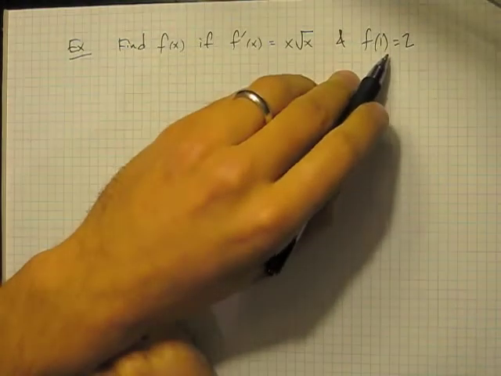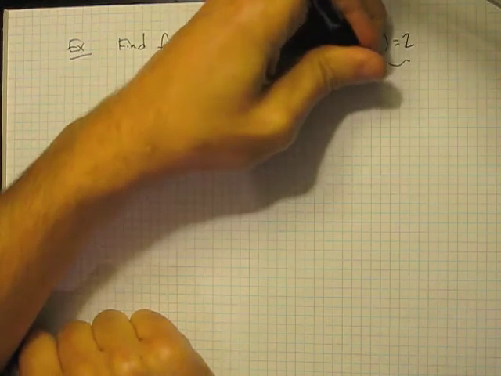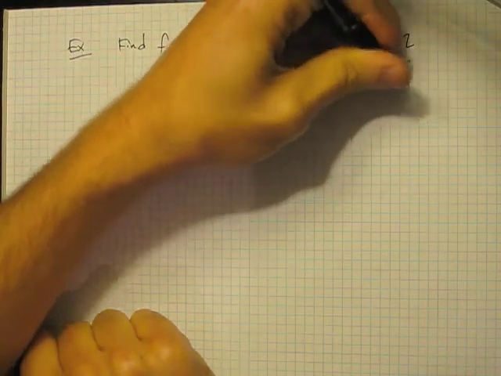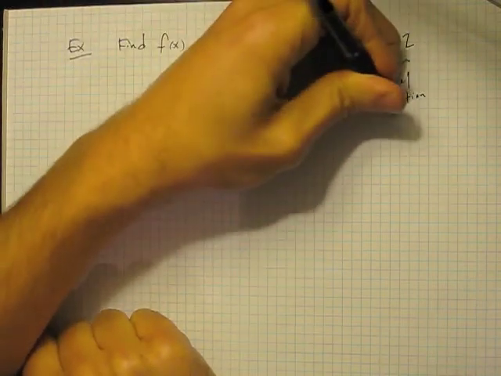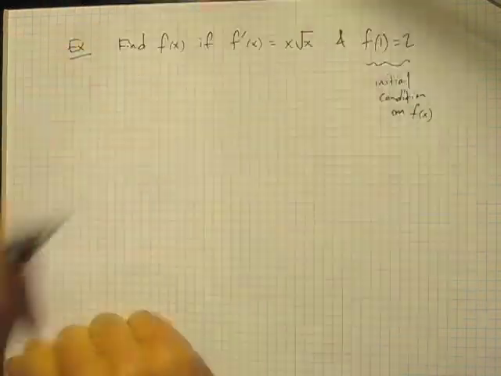Okay, we'll come back to this later. This is what we call an initial condition on the function f of x.